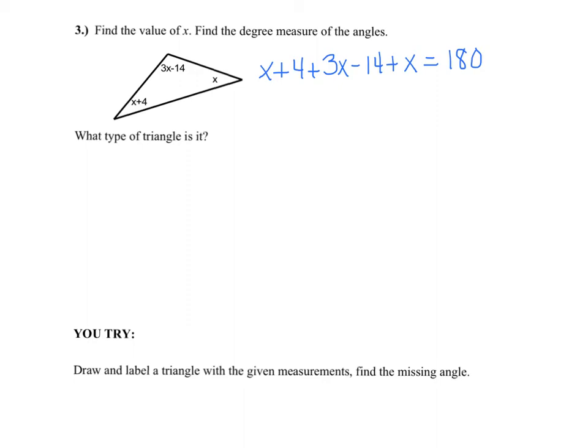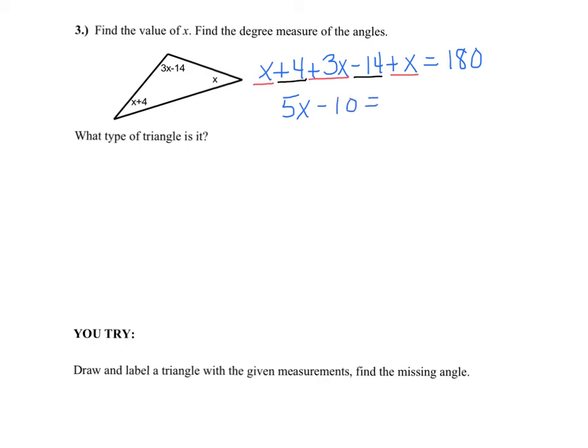Our next step is to combine our like terms. Our first like terms are x plus 3x plus x, which gives us 5x. Our next like terms are positive 4 minus 14, and 4 minus 14 gives us negative 10.